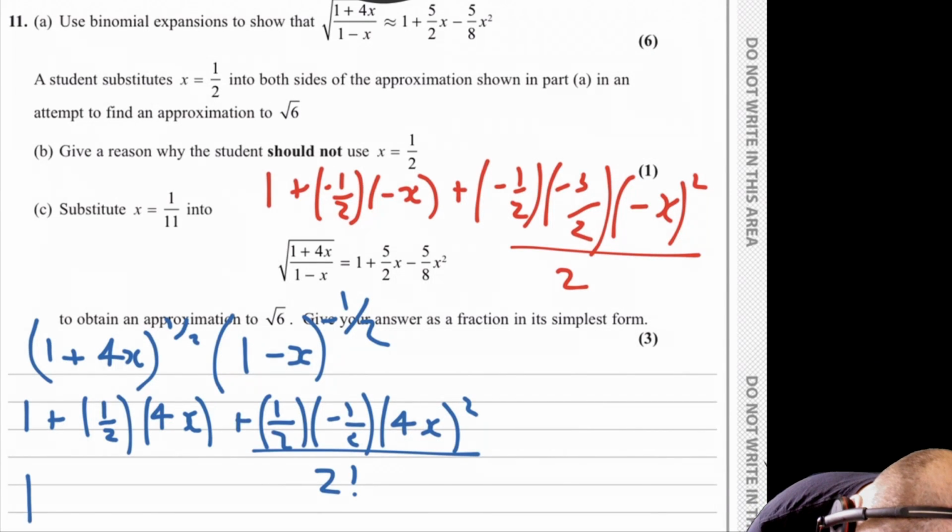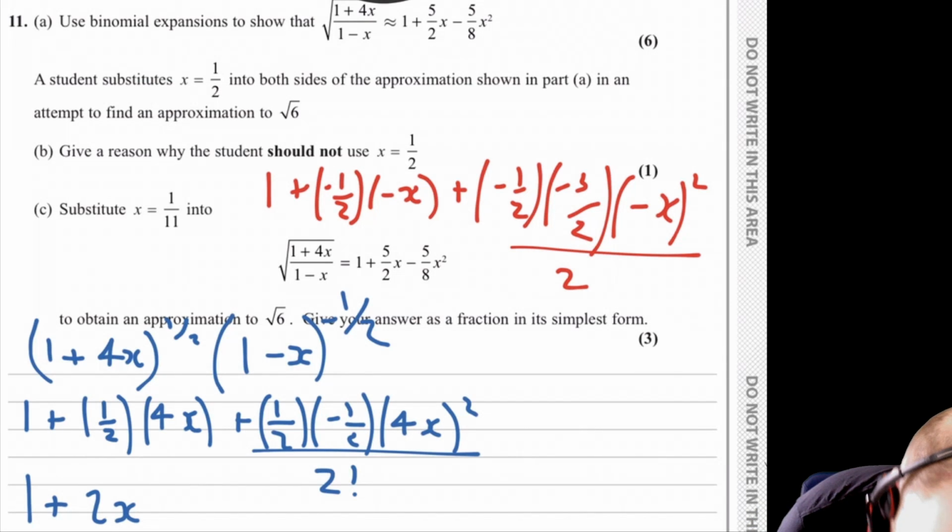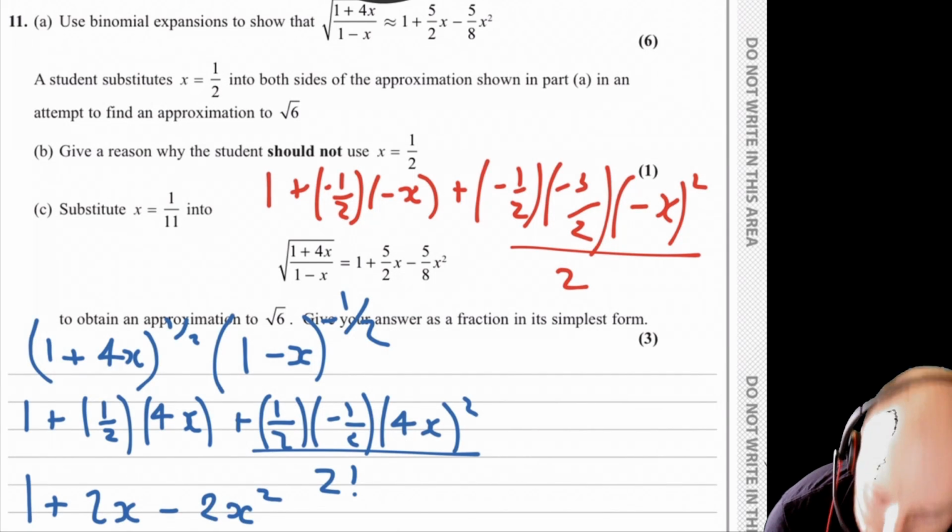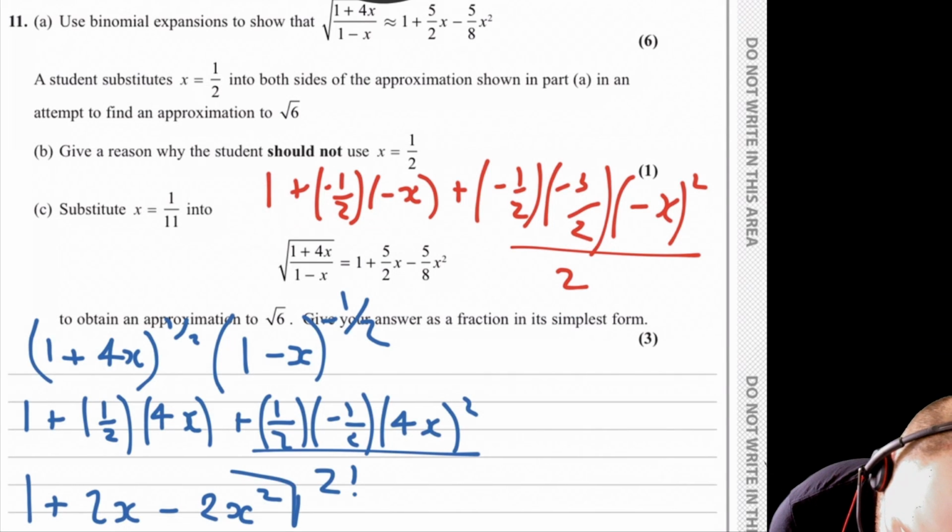So we get 1 plus 2x, and we're going to use a calculator for this, so we get half times a half times 16, all divided by 2. So we get 2. So overall it's going to be a minus: minus 2x squared there. So that's my expansion of that one.